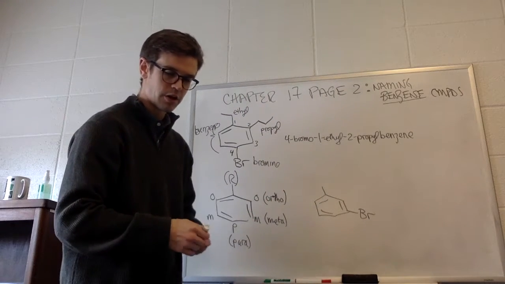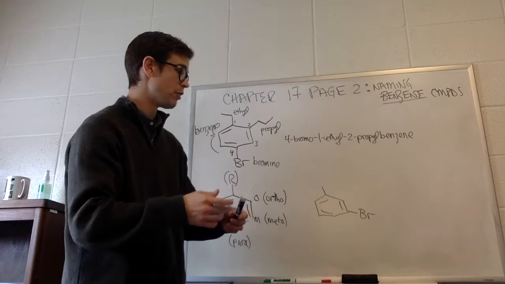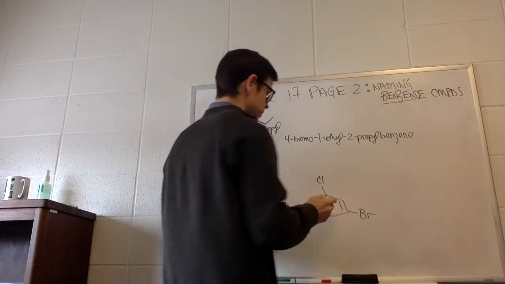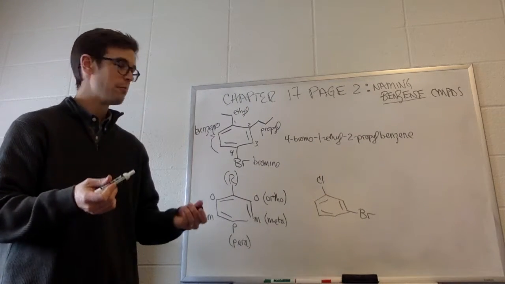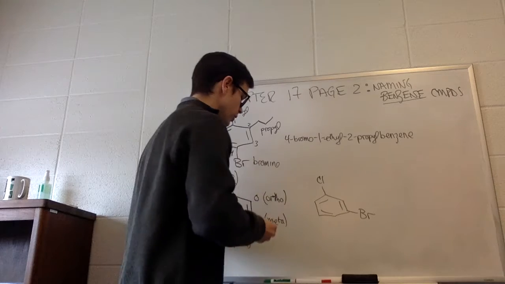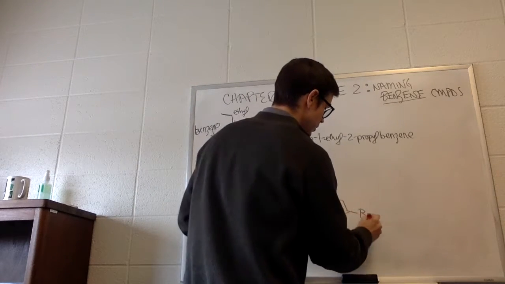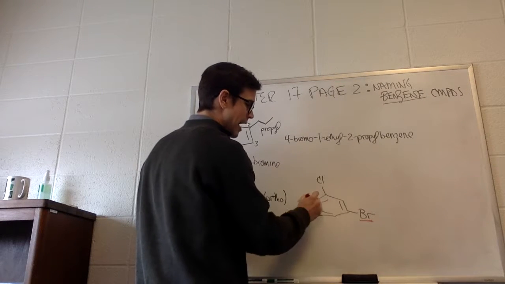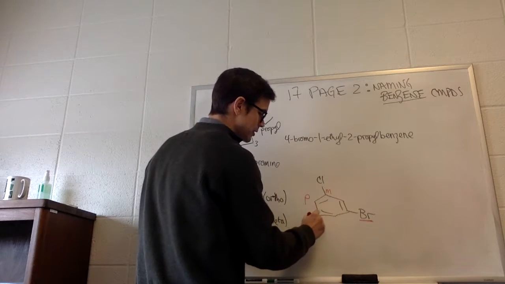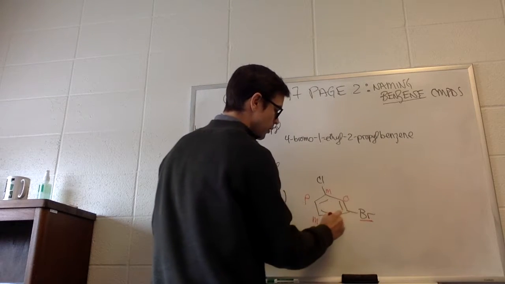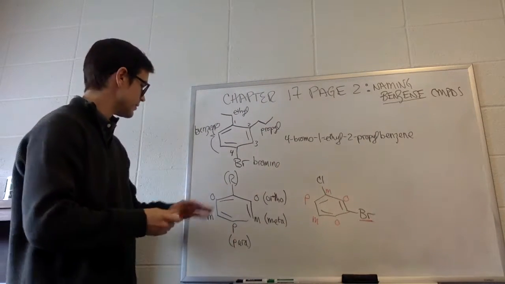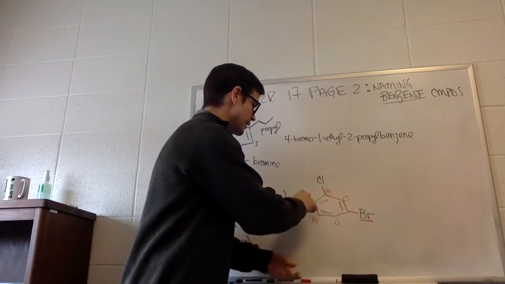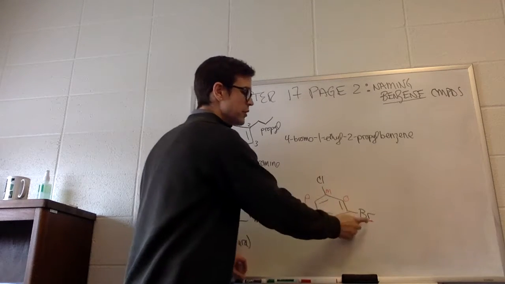The one in your notes would just be called meta dibromobenzene. But to make a point, I want to switch it to a chlorobromobenzene. So according to this bromo, if we're talking about that bromine, this is the para position to that bromine. These would be the meta positions to that bromine, and these would be the ortho positions to that bromine. So this nomenclature is with regards to whatever substituent you're talking about. So that's para, meta, ortho with regards to that bromine.